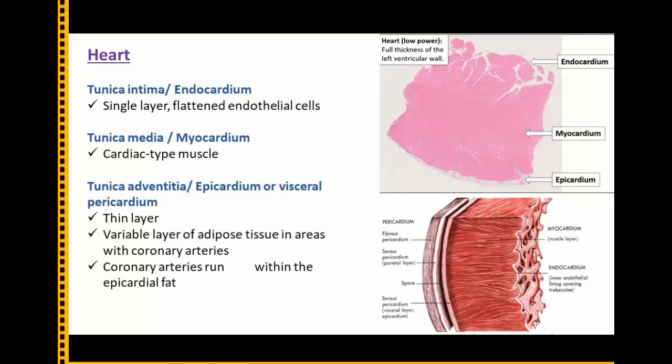So you remember those are the specific features by which you can differentiate the cardiac muscle from other muscles, smooth muscles or skeletal muscles. Okay. So the endothelium is a single layer of flattened endothelial cells and the adventitia is also a thin layer. It has adipose tissue in areas where the coronary arteries are embedded.